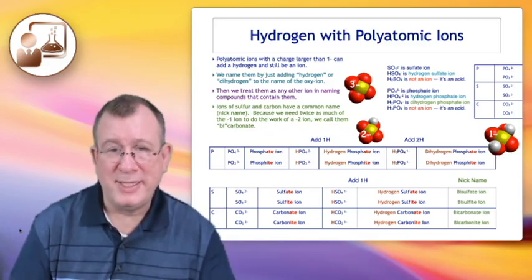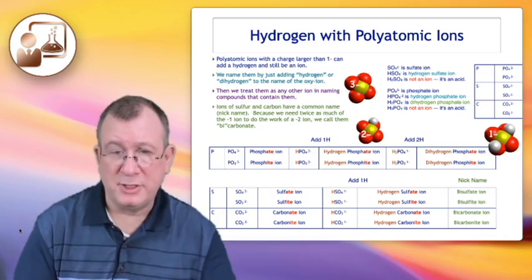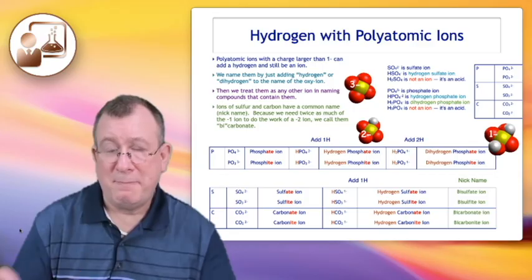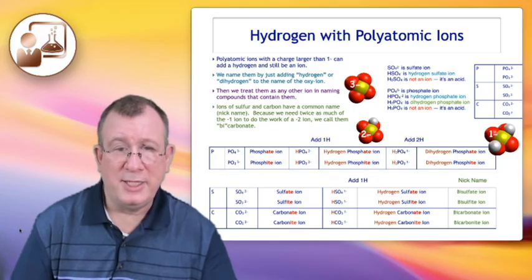When you make the carbonate ion and add an H plus, you form HCO3 1 minus. That's the bicarbonate ion. The proper name is the hydrogen carbonate ion, and that's what you'll be held responsible for. But you'll hear bicarbonate all the time. You can do the same trick with the sulfate.